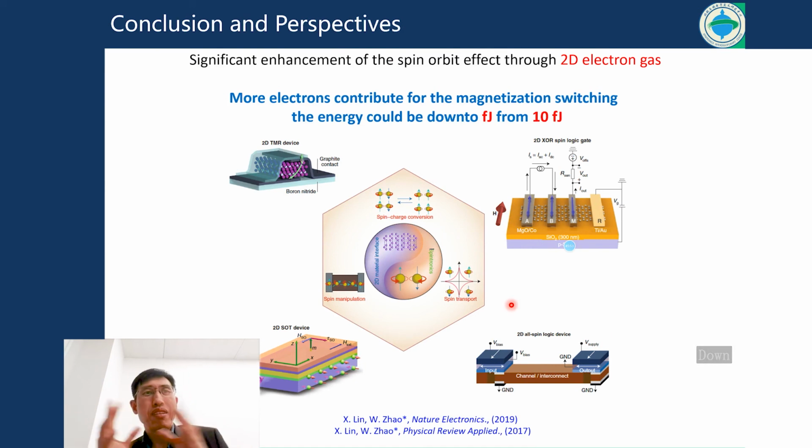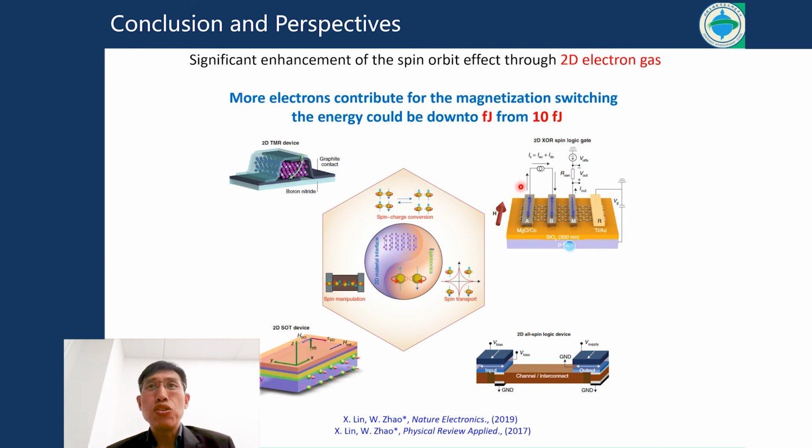So this is not finished. We can continue to reduce the power. As mentioned, by using our proposal, the switching energy per bit can be reduced from 1 picojoule to 200 femtojoule, from 200 picojoule to 6 femtojoule.